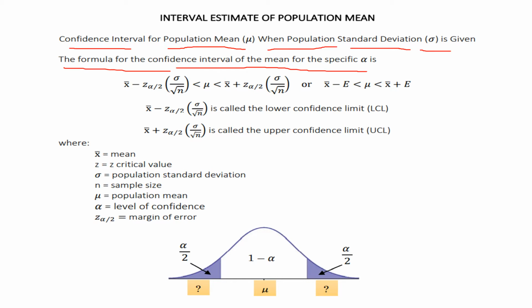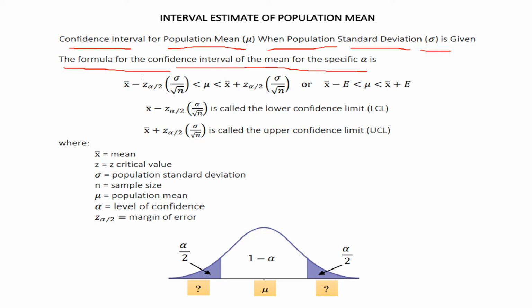When we say alpha, the level of significance, this will be the maximum error that a researcher wants to meet in their research.